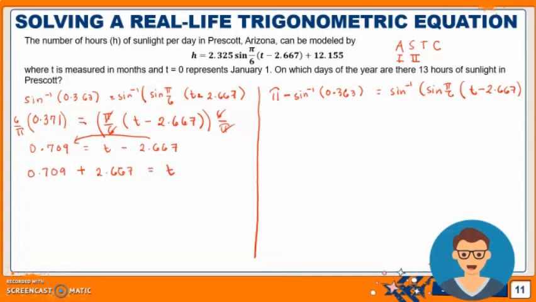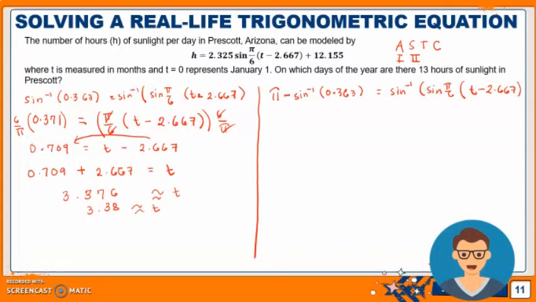So we'll add 0.709 plus 2.667, that is approximately 3.376, or let's say 3.38. Okay, so let's go back later to that one.